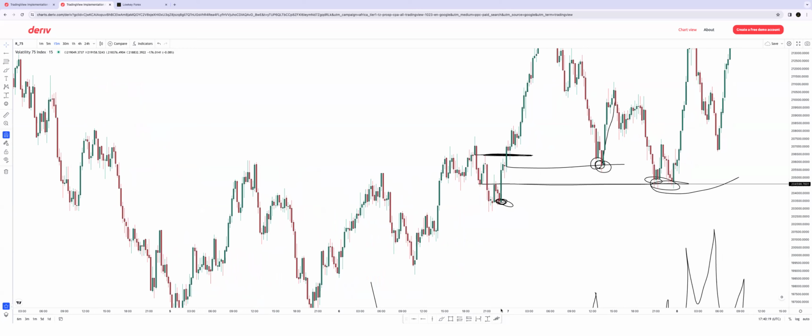But if you try to mix stuff like this with any other strategy, you'll be confused since one will be telling you to buy and the other one will be telling you to sell.